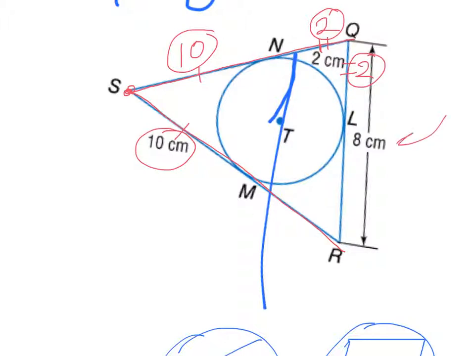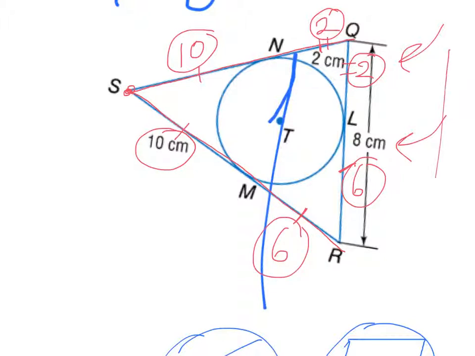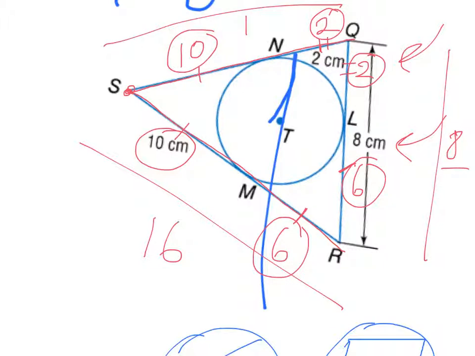Now if the whole thing is 8, I have 2 here, the bottom side has to be 6. And again, that's going to be congruent to that segment, which is also going to be 6. So we have this segment, which is 8, this segment, which is 16, and this segment, which is 12. The perimeter is all those added up, so 16 plus 12 plus 8 equals 36. Our units are centimeters.